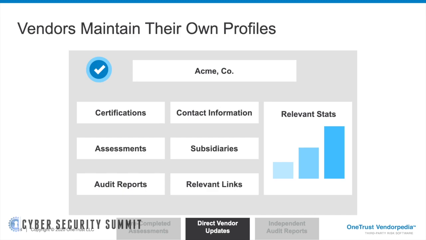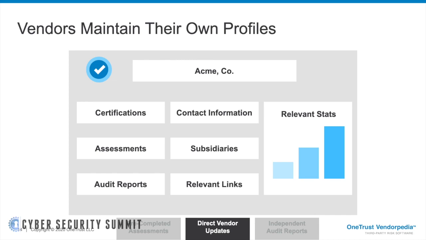Direct vendor updates. Vendors updating and maintaining their own profiles. So these are industry-wide problems that exchanges are helping to solve. For many organizations, building out that trust profile is critical, and it's great to utilize a service to help maintain that information.